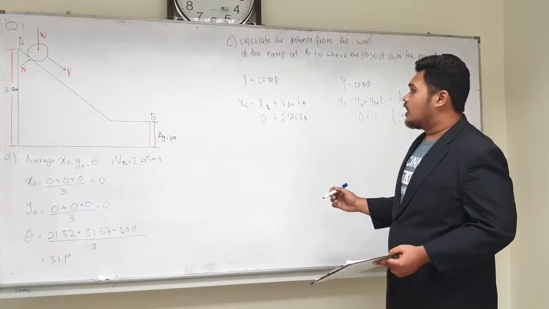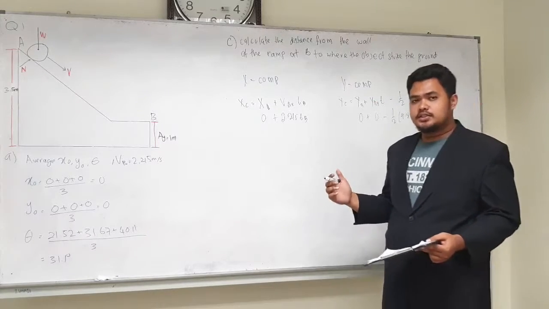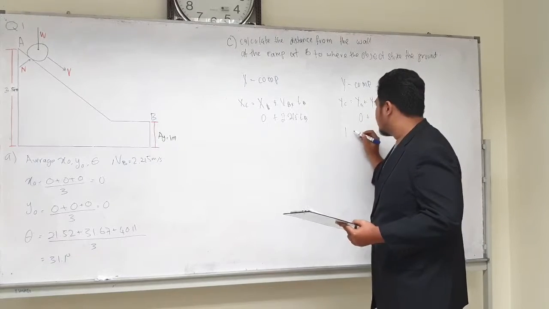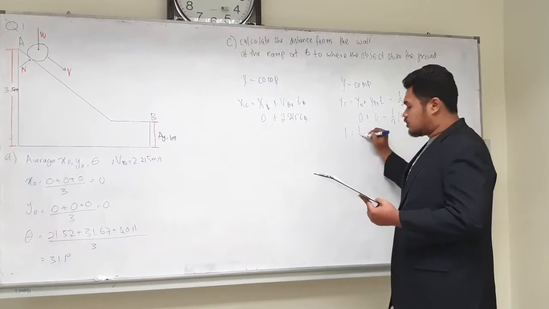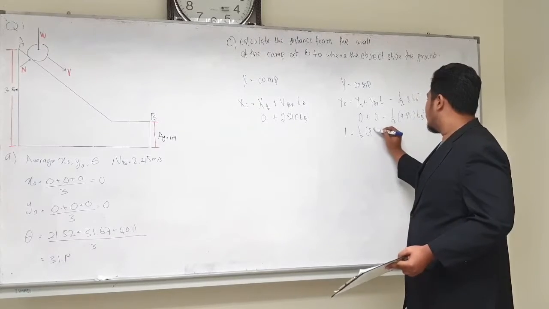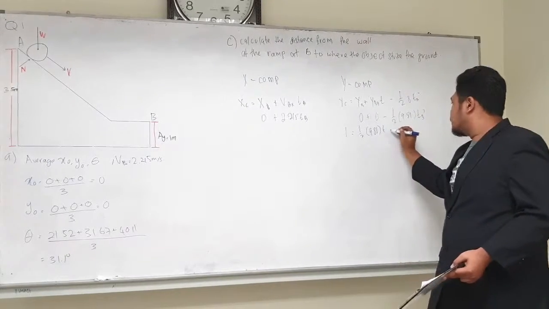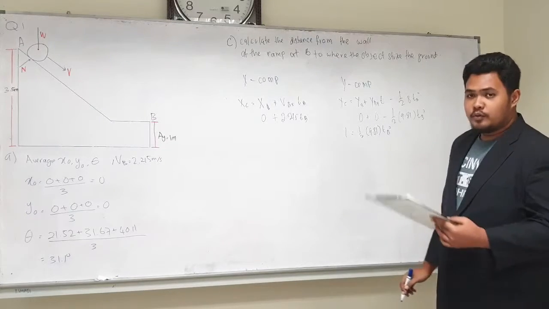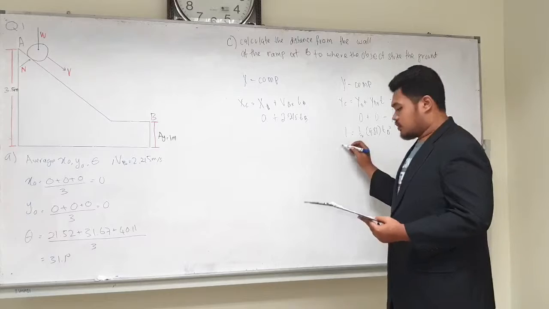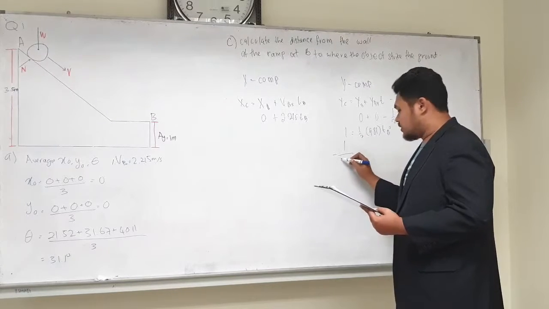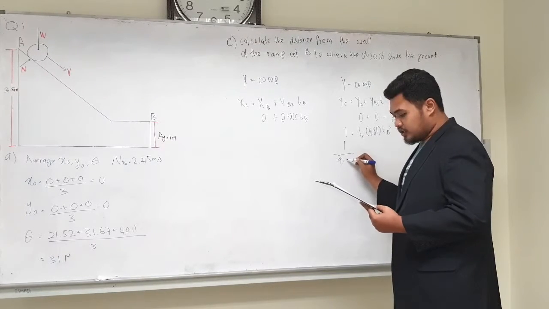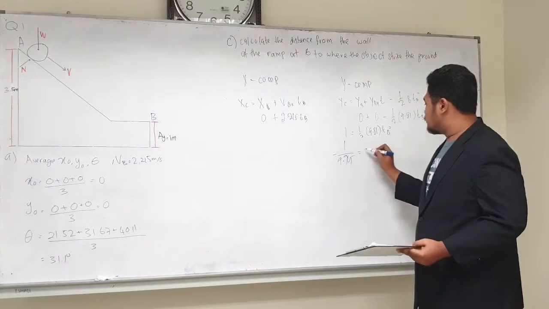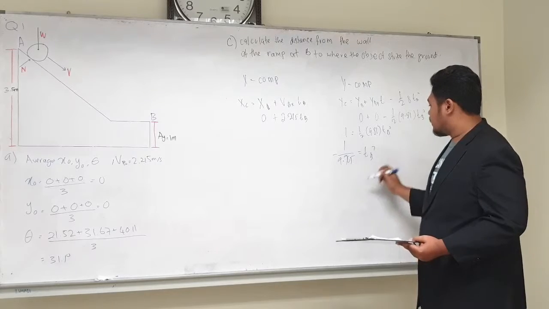From the question, it is stated that if y0 is 0, then yc equals 1. So we take yc equals 1 equals 1/2 times 9.81 tb squared. Therefore, from the equation we get 1/4.905 equals tb squared.